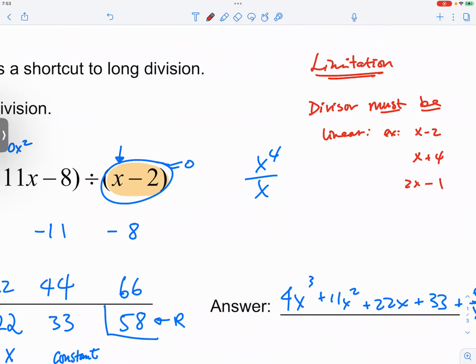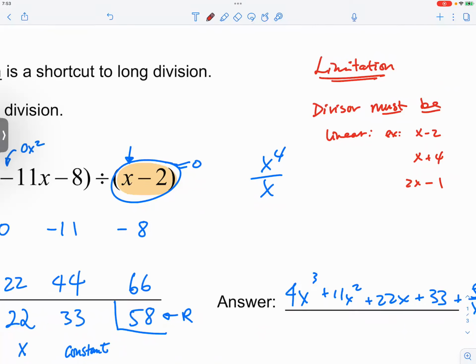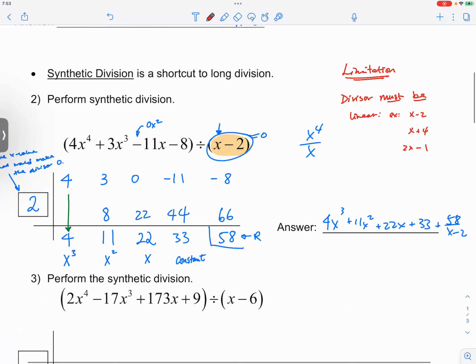The power of x has to be at most 1. That's what we call a linear divisor. If you have anything like x squared or x cubed that you're dividing with, it's not going to work. So this is the limitation of synthetic division.